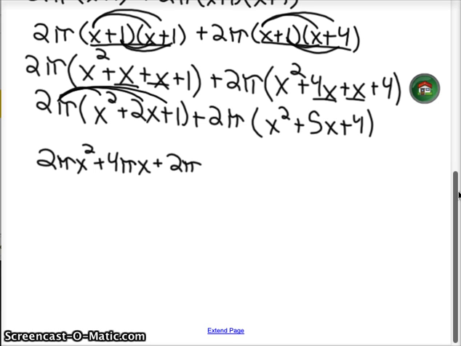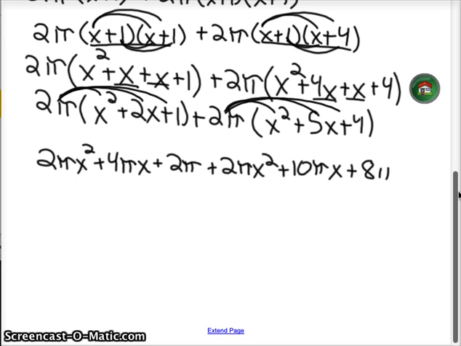I'm going to do the same thing on the next one. 2 pi times x squared, 2 pi x squared. 2 pi times 5x, well 2 times 5, I have 10. Now I still have pi x at the end. 2 pi times 4, well this time 2 times 4 gives me 8 of those pi's.